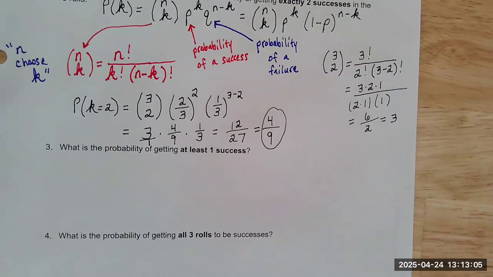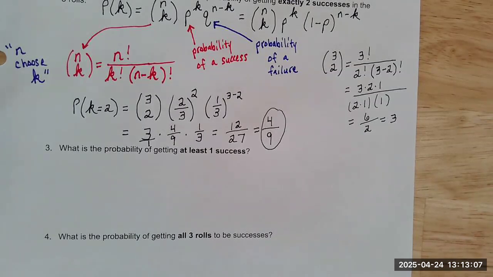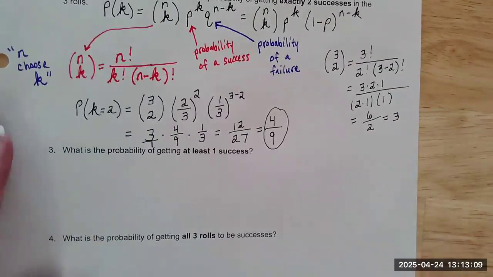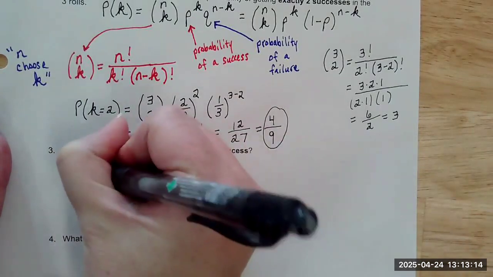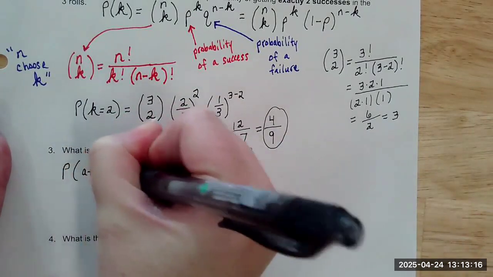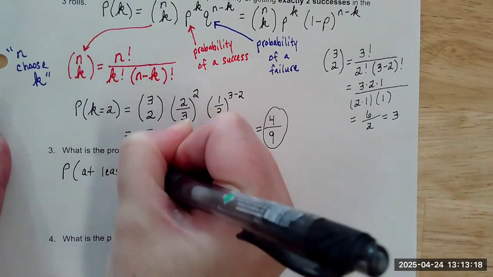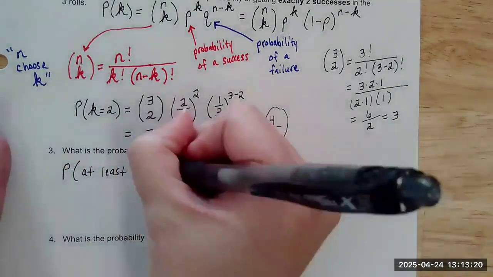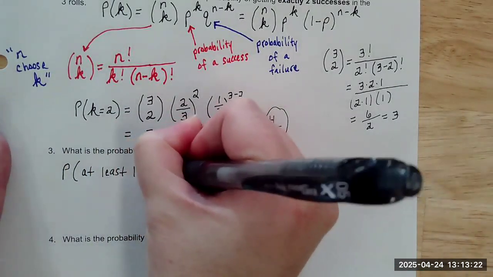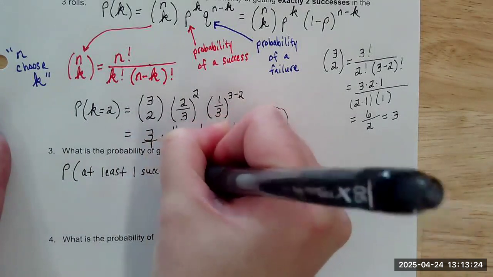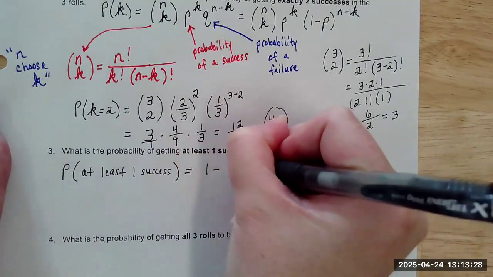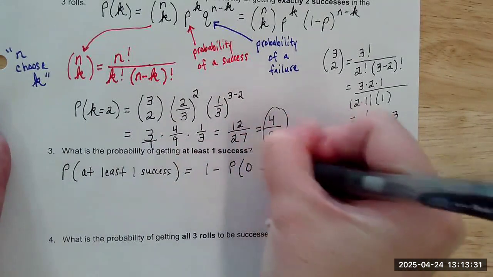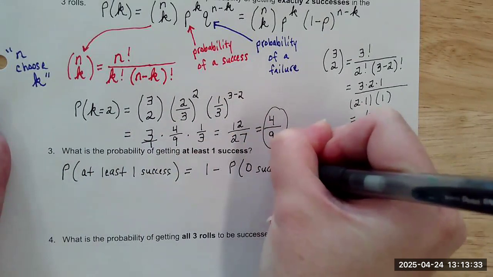So what that ends up being is the probability of at least 1 success is equal to 1 minus the probability of 0 successes.